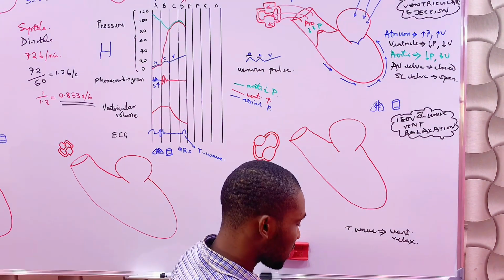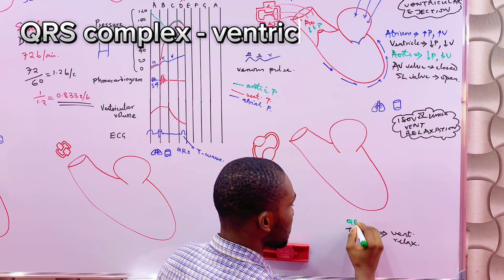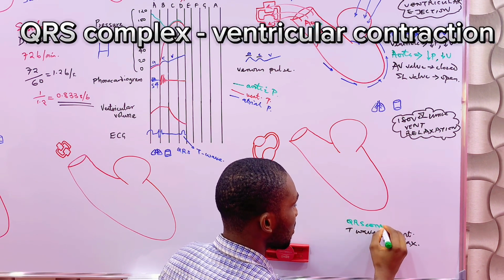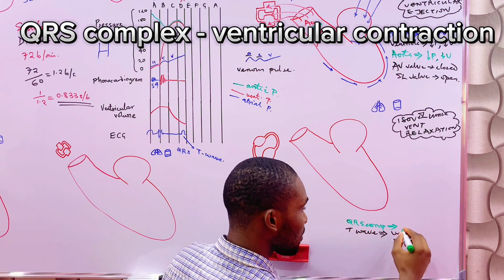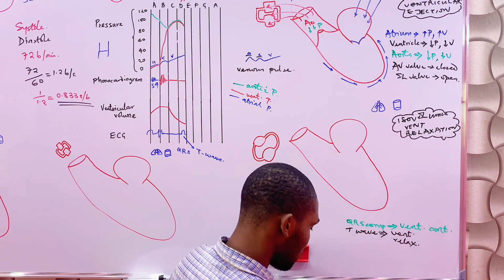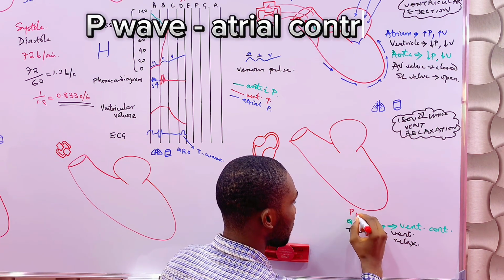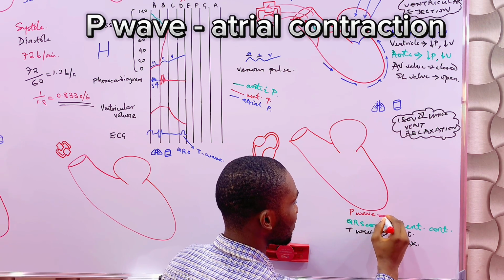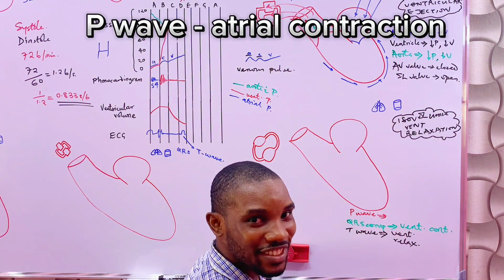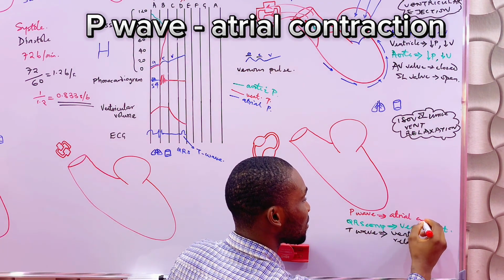And we said earlier that the QRS complex represented ventricular contraction, and the P wave represented atrial contraction.